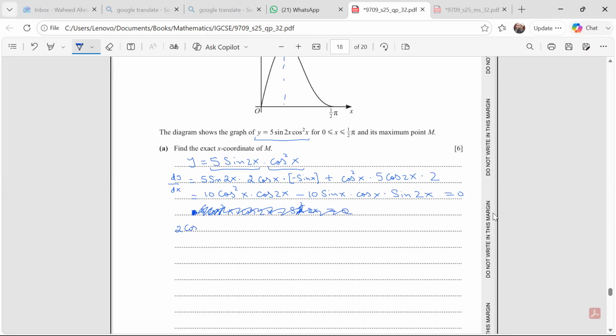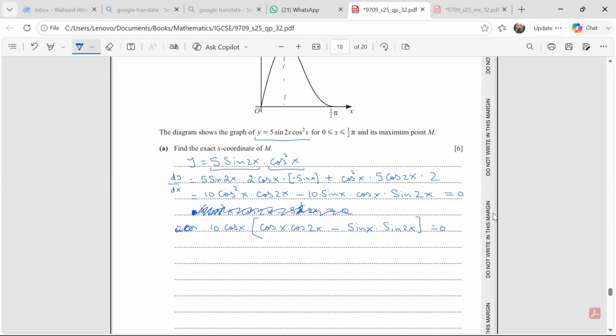I take 10 cos x common outside. So what is inside? 10 cos x is gone. It is cos x into cos 2x minus, 10 cos x is gone, so sine x into sine 2x.